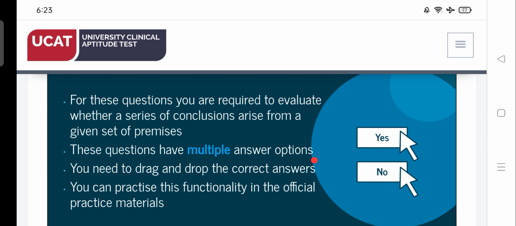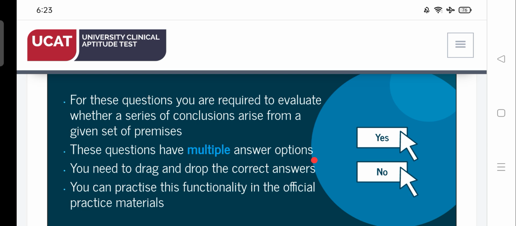Syllogisms are the types of questions where information will be presented to you in the form of 2 to 3 sentences, lines, or a passage, and then you have to conclude your answer with a series of conclusions. 5 conclusions will be given to you, and you have to tell which one is correct, because there are multiple answer options.